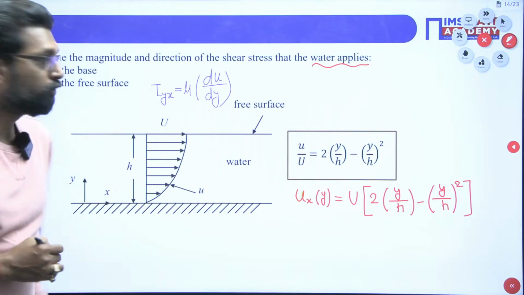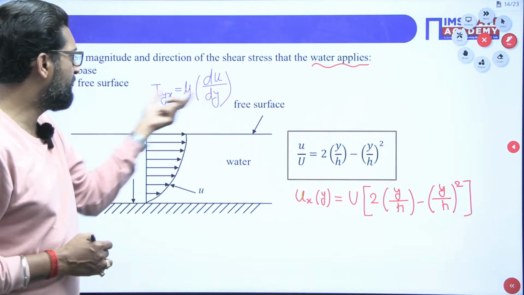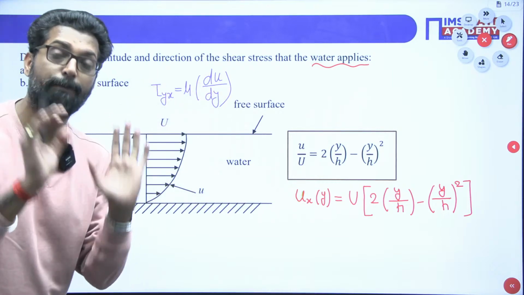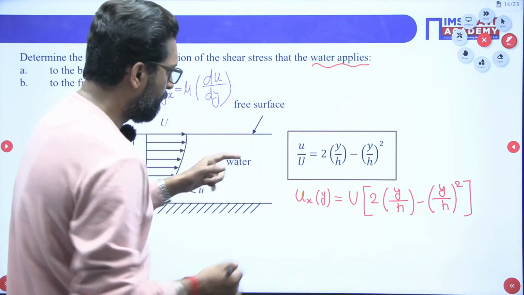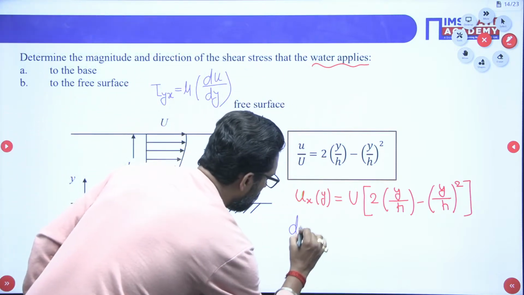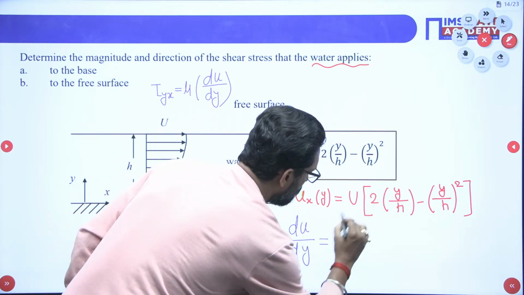Now you have to differentiate it, put in the value and get the shear stress. But we have to think about the direction also. So, my dear, if you differentiate this with respect to y, what is the value? This capital U is outside.